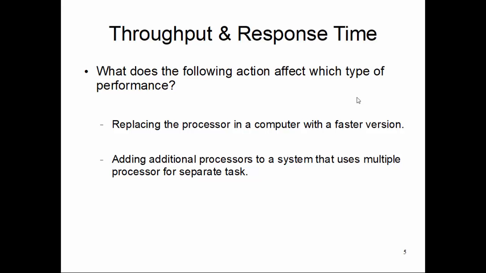So you can re-implement or change your program to take advantage of the fact that you have 10 processors now. Then you can divide your problem into 10 different subtasks, and if they can be done in parallel, you just schedule them on 10 different processors. So that way also your response time will go down, right? Response time will improve.